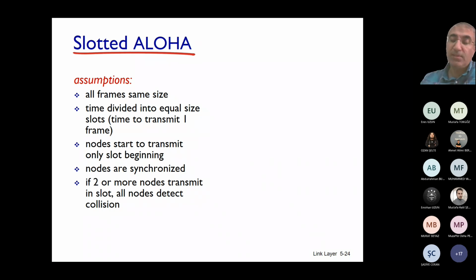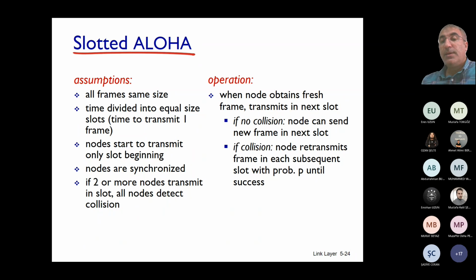So based on these assumptions, let's look at the operation of this protocol. When a node obtains a fresh frame, it transmits in the next slot. If no collision happens, the node can send a new frame in the next slot.